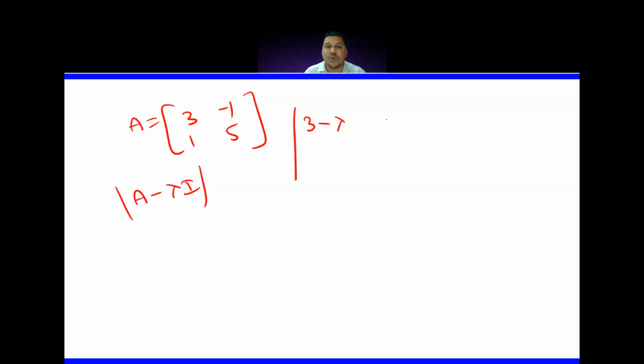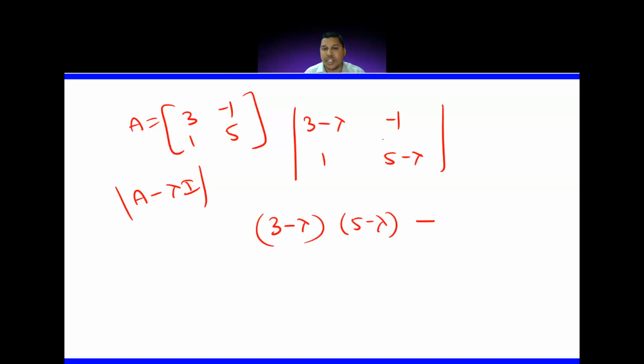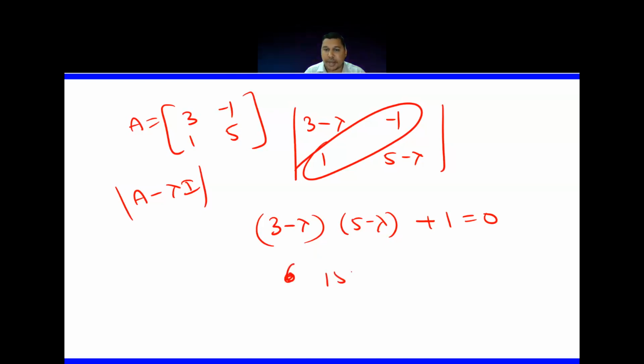So 3 minus lambda, minus 1, 1, 5 minus lambda. If I multiply this, (3 minus lambda) into (5 minus lambda), minus into minus 1 becomes plus 1, equal to 0. So I get 15 minus 5 lambda minus 3 lambda, that is 8 lambda, plus lambda square plus 1 equal to 0. So it is lambda square minus 8 lambda plus 16 equal to 0.